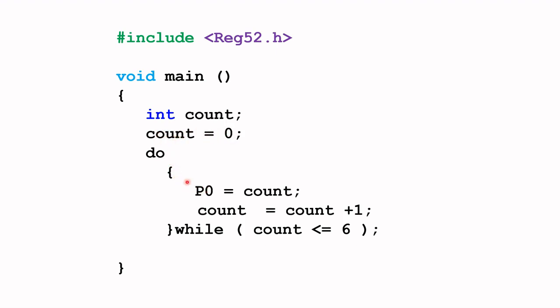Then we move down here where we set off by outputting the value of count to P0, or port 0, and then increment the count by 1 by performing count equals count plus 1. And then we test for the condition: is count less than or equal to 6? If that is true, then we repeat this. If this is false, it will exit and nothing else will be done.